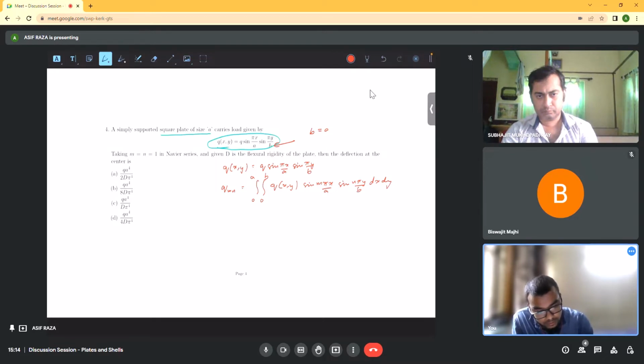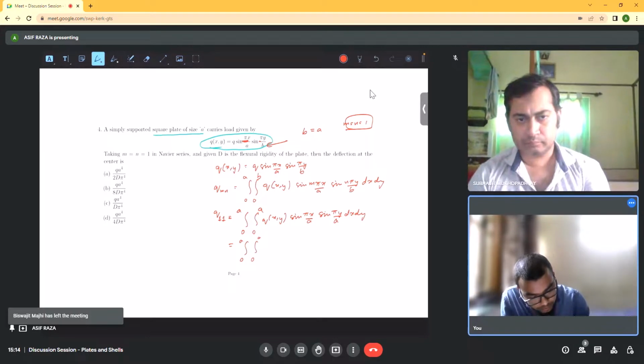Then if we see the equation, there is a coefficient as m equal to n equal to 1 for the loading condition. So we will get Q11 is equal to integral 0 to a, 0 to a, q(x,y) sin(pi x by a) sin(pi y by a) dx dy, and q(x,y) is q sin(pi x by a) sin(pi y by b).